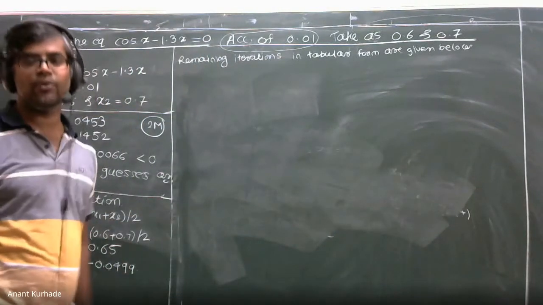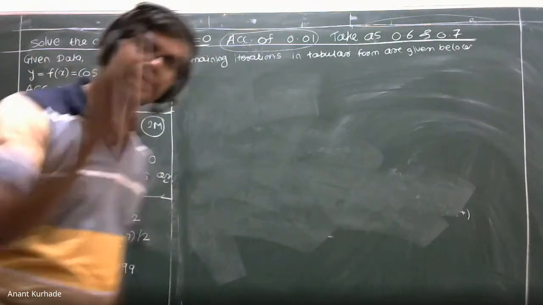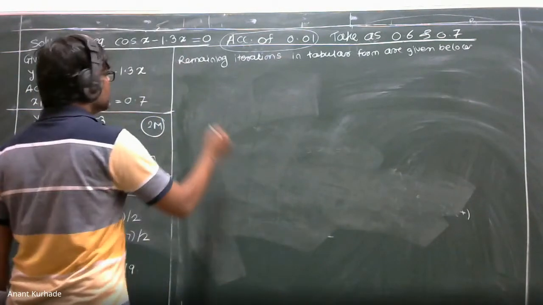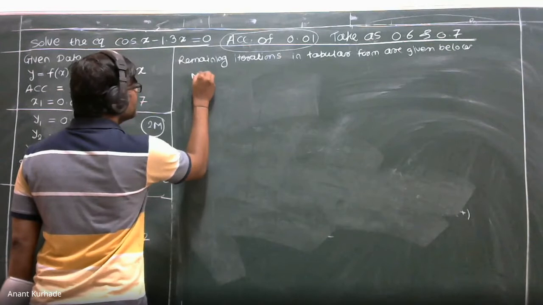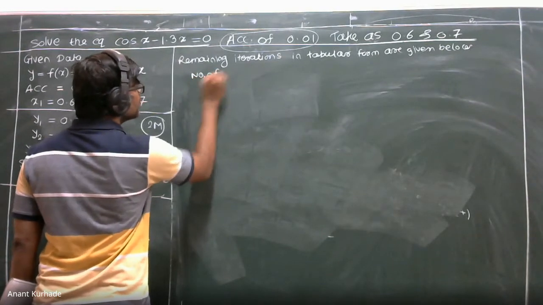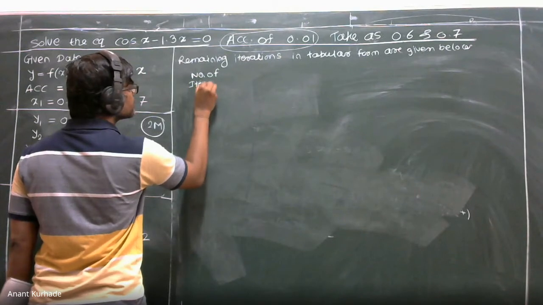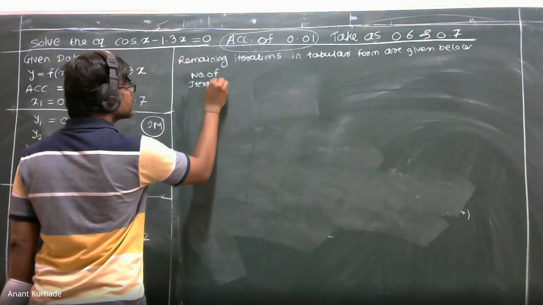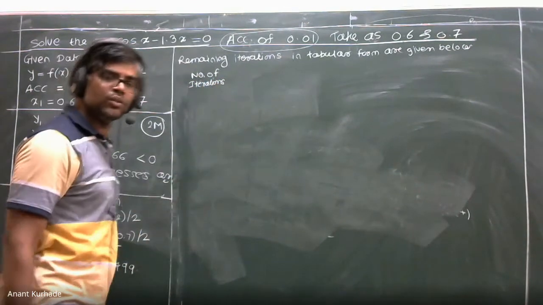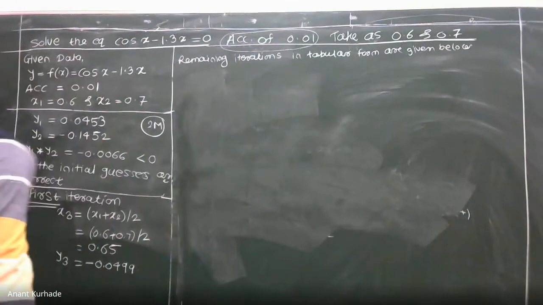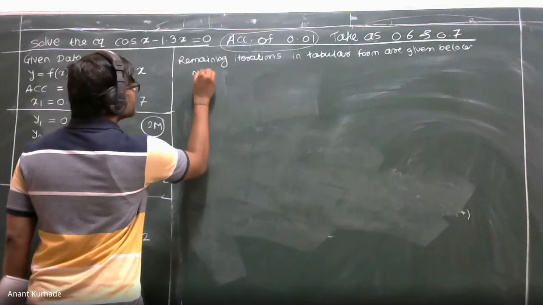Now in table form we have a number of columns. The first column, in each and every method, is the number of iterations: 1, 2, 3, 4. Instead of writing out the whole word, you can just put number of ITR.